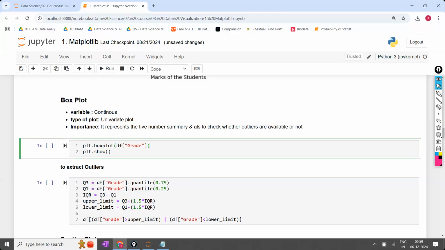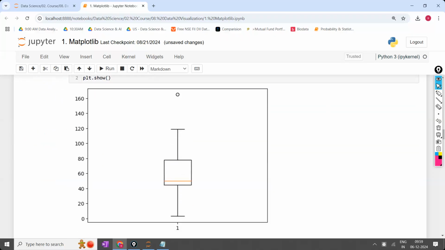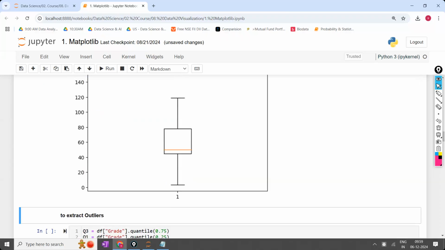So it is going to show you the 5 number summary like this, where this is the minimum value, this is the Q1 value, this is the Q2 value, this is the Q3 value, this is the maximum value, and outliers.